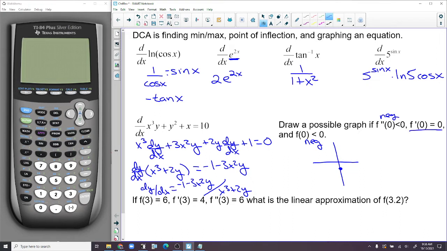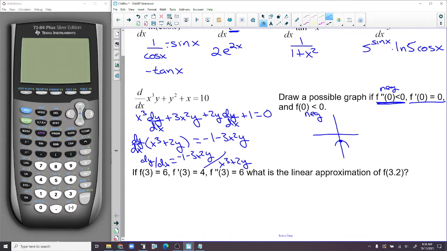If the first derivative is 0, that means it's a min or a max, and this says that the graph is concave down. So very close to 0, the graph looks like that. That's all I would really know. After that or before that, it could be doing different things, but very close to 0, that's what we're told. So second derivative is concavity, first derivative is slope, and then the function value, of course.